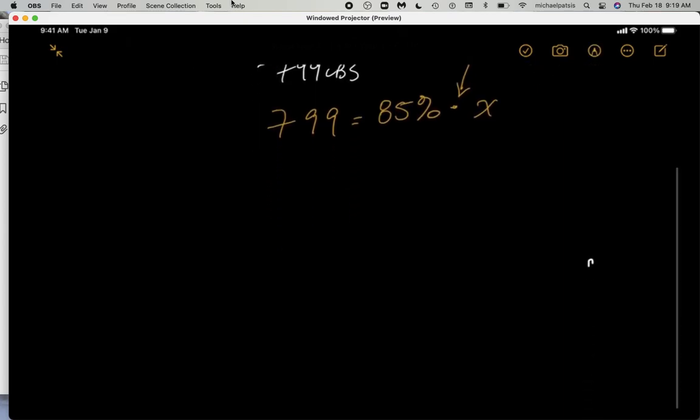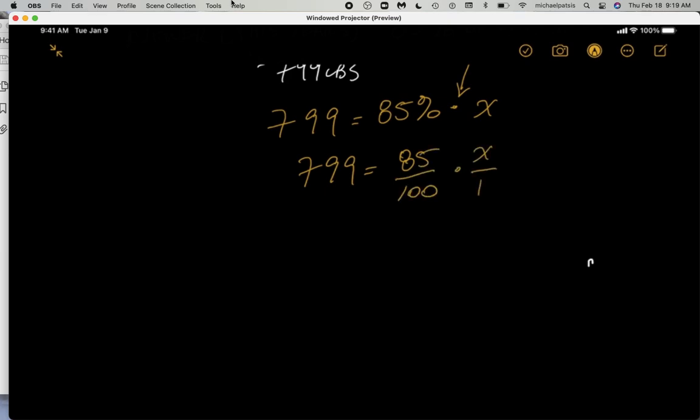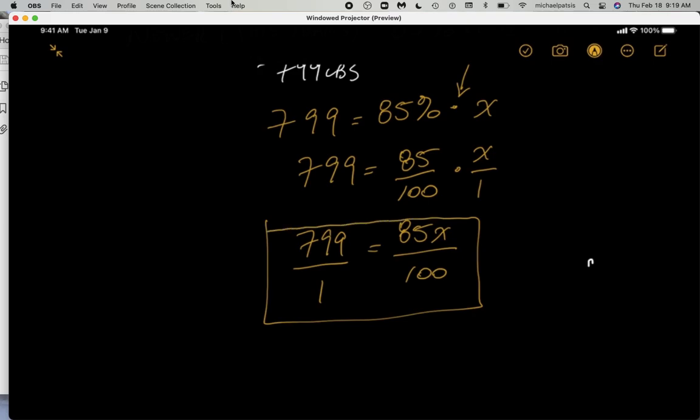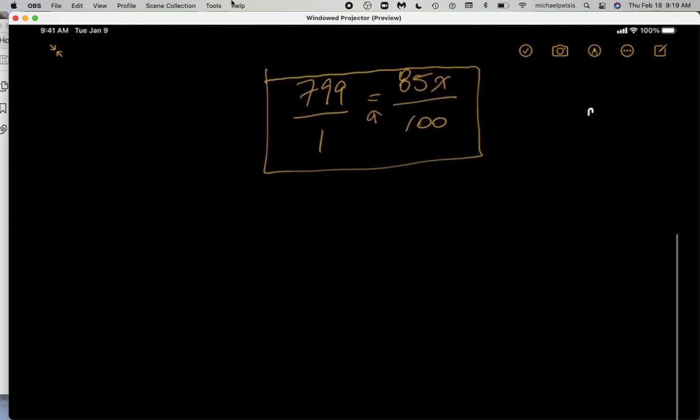First thing we do is, instead of the percent sign, we divide by 100. We'll add an x over 1. Now we'll add a 1 underneath the 799. This becomes 85x over 100. Now, ladies and gentlemen, you have two fractions facing each other with an equal sign in between. That is a license to cross multiply.